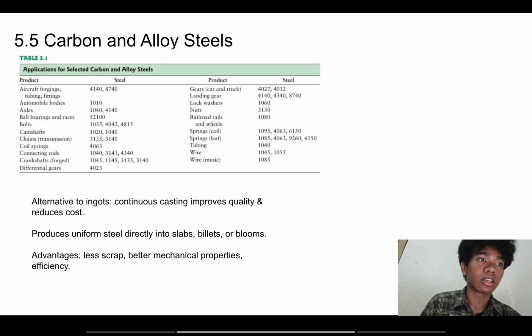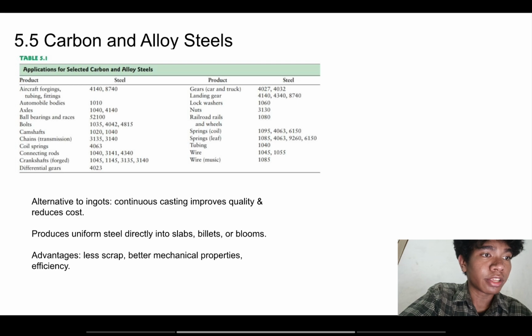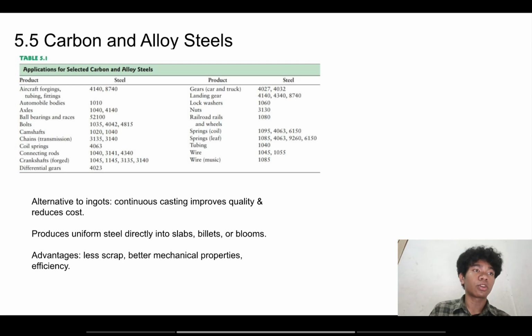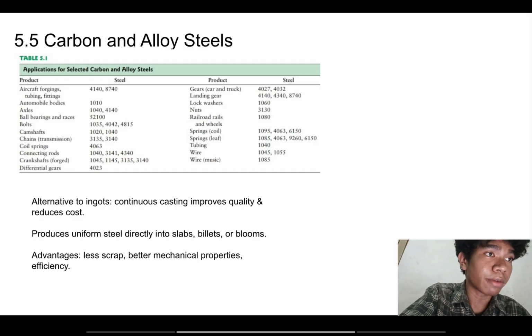Next, this is table 5.1 for carbon and alloy steel. This is an alternative to ingots, continuous casting, improving quality and reducing costs. Here we have products such as aircraft forgings, and we use steel 4140 or 8740, and the product is gears for cars and trucks, and the steel is 4027 or 4032.